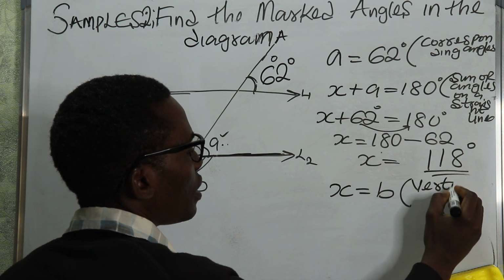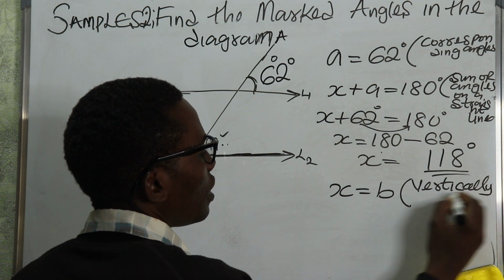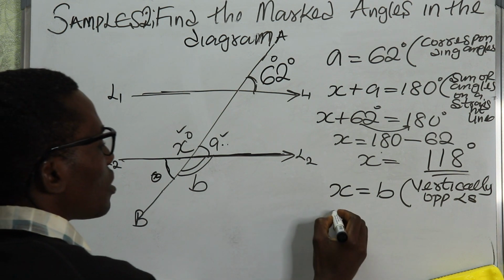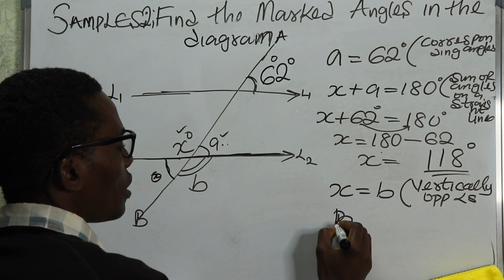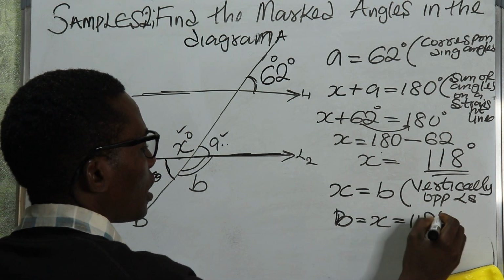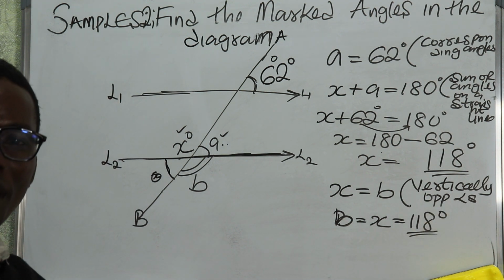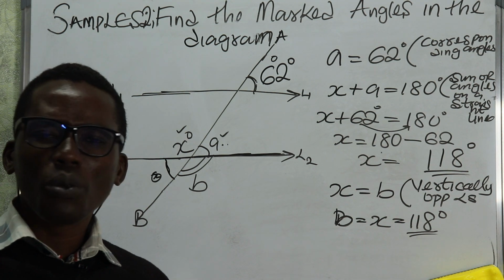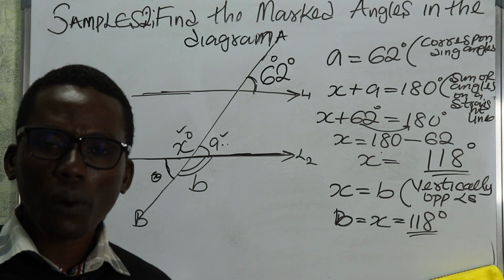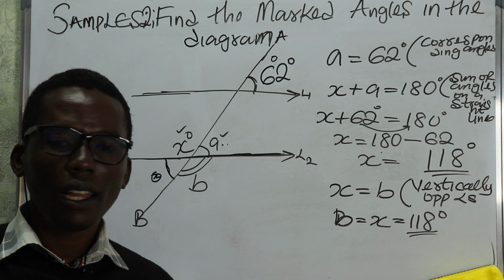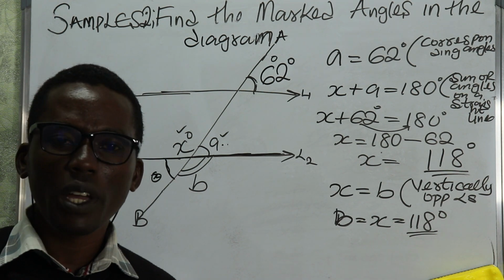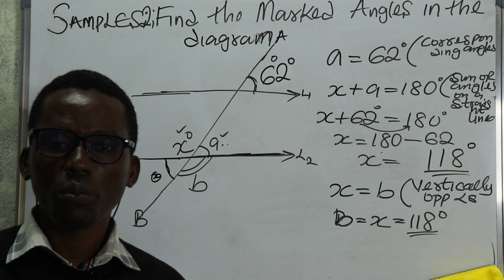They are vertically opposite angles. So that means automatically our B is equal to x, which is equal to 118. So you see, very easy. You can simply get solutions to any question as long as you can apply the properties of geometry, line properties and properties of angles. These are perfect ways to solve questions on geometry.